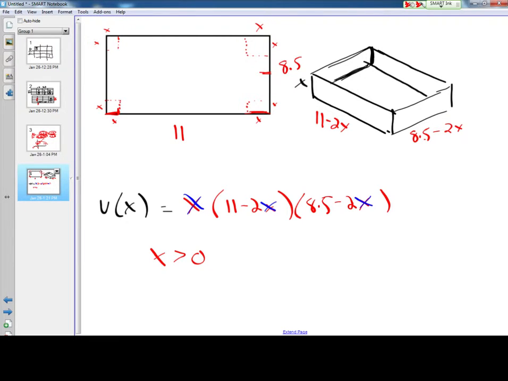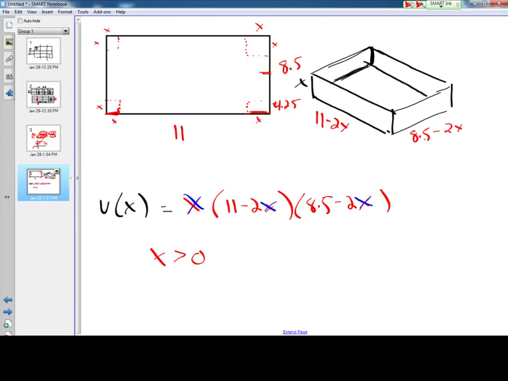If I said that x was 4.25, why? What would happen? I would simply be folded in half, wouldn't I? So do I want to pick anything higher than 4.5? Sorry, 4.25? Do you guys see how, is this making sense to you guys?